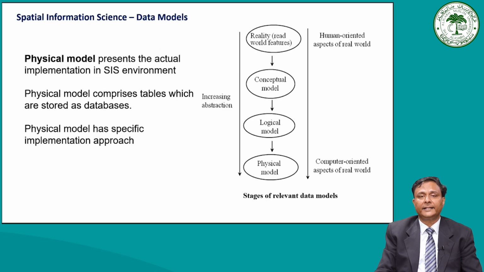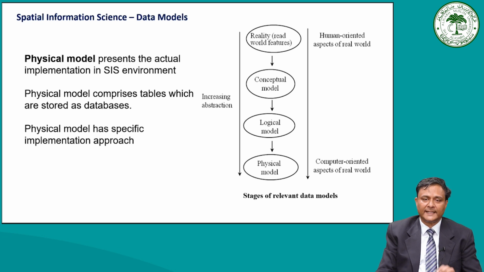So a physical data model is usually derived from a logical data model and presents the actual implementation in a spatial information science environment. One big difference between logical and physical data models is that we now need to use table and column names rather than specifying entity and attribute names.